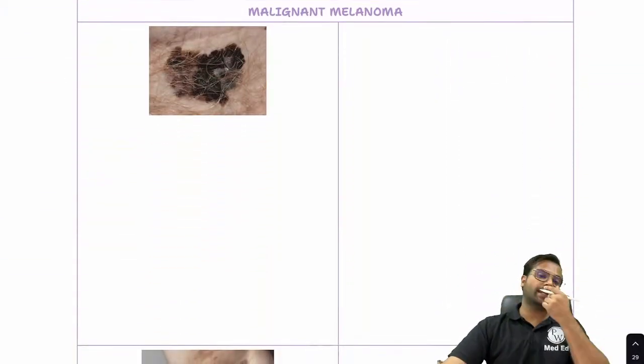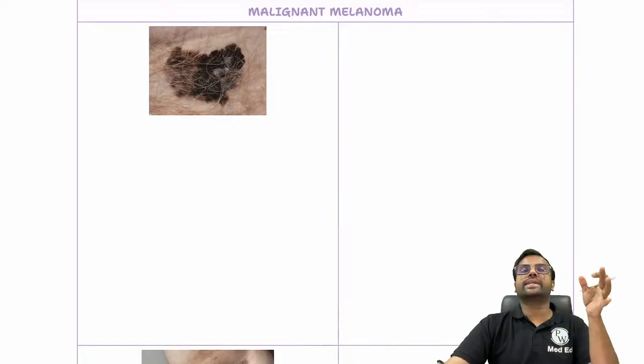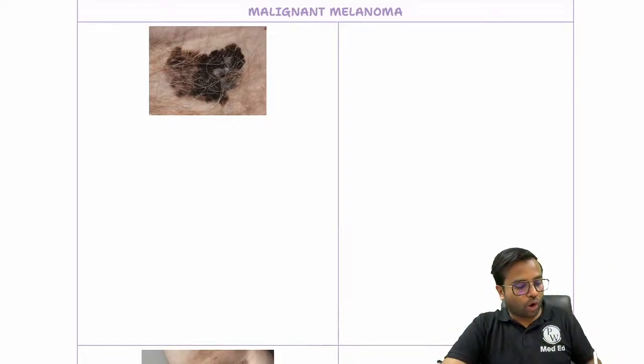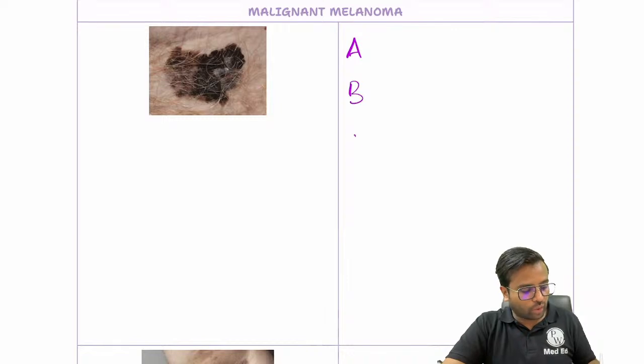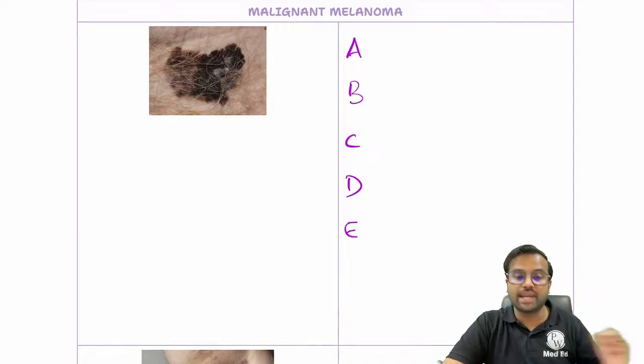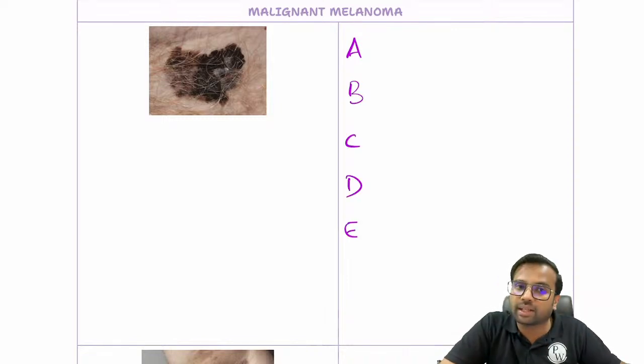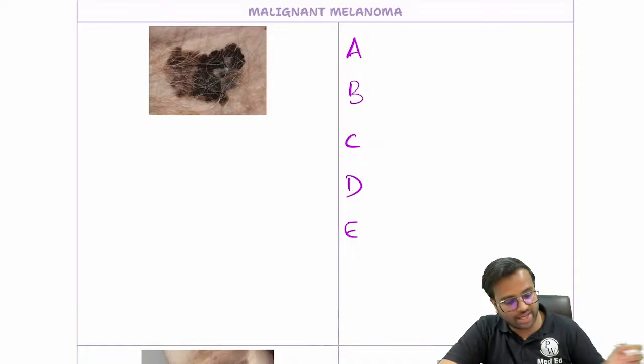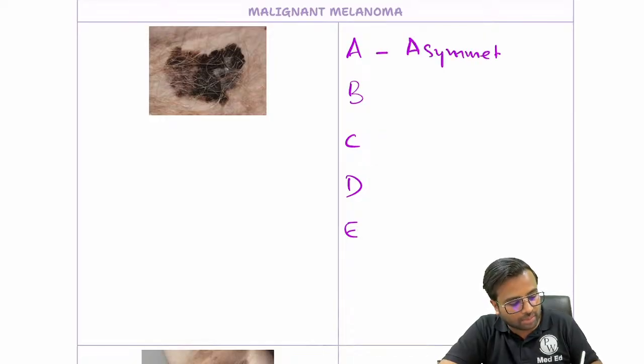What about malignant melanoma? Whenever you see that a patient has developed a new mole, you always will have to evaluate it with the ABCDE algorithm, right? So what is ABCDE? A stands for asymmetry.